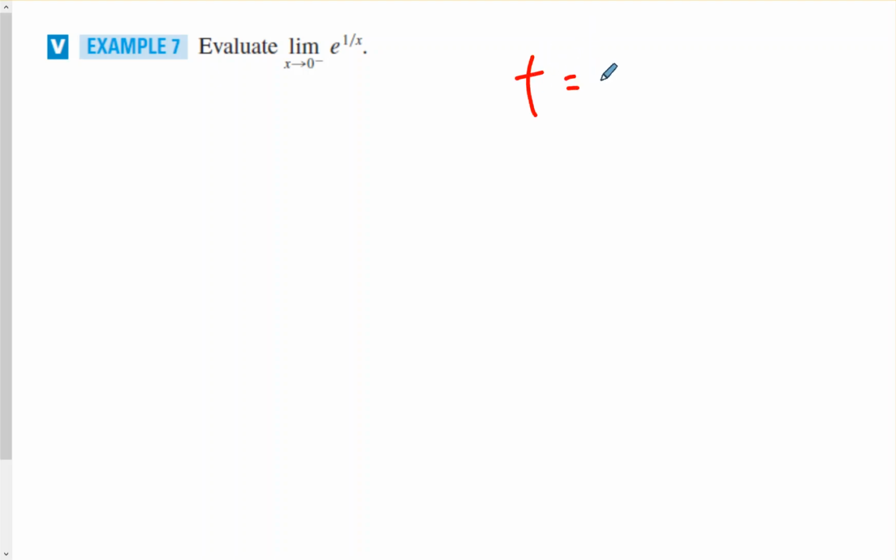Let's say t equals 1 over x. We know something about 1 over x. Just remember what happens to that function.